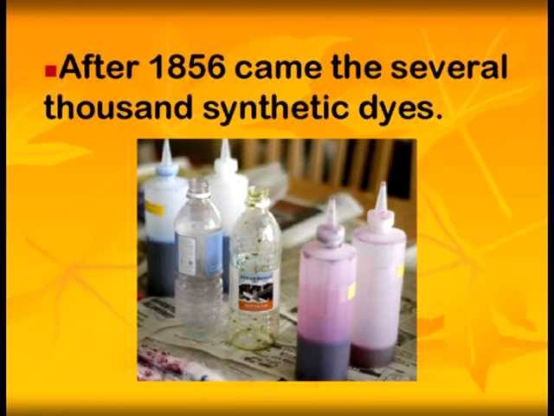The new era that started in the dye manufacturing industry after 1856 has resulted in several thousand synthetic dyes, but only those dyes which are easy to apply and which give shades of satisfactory fastness are converted into commercial production.